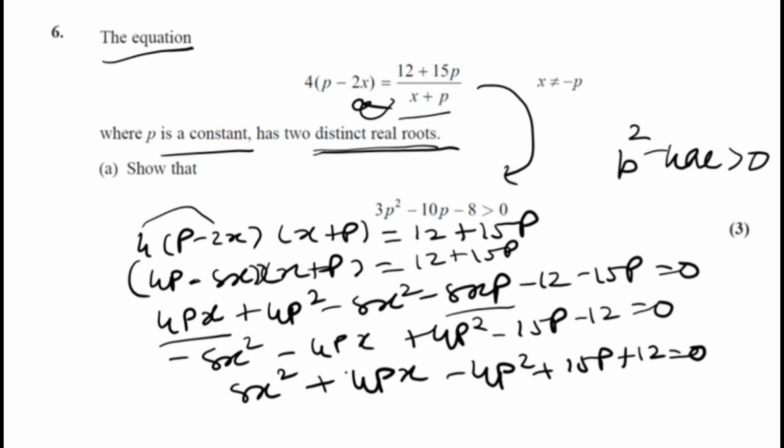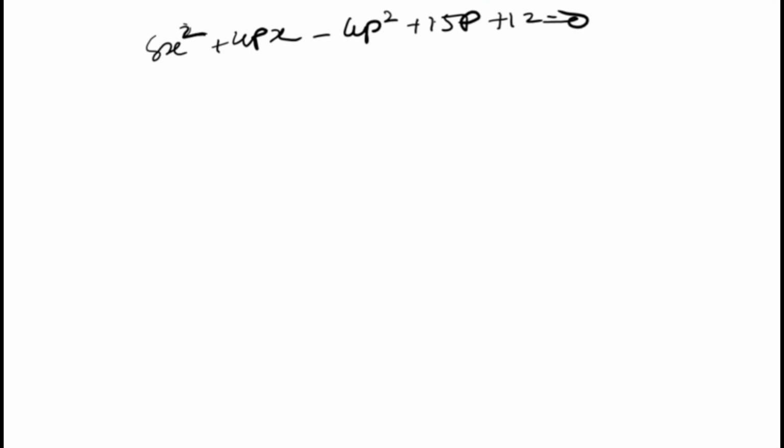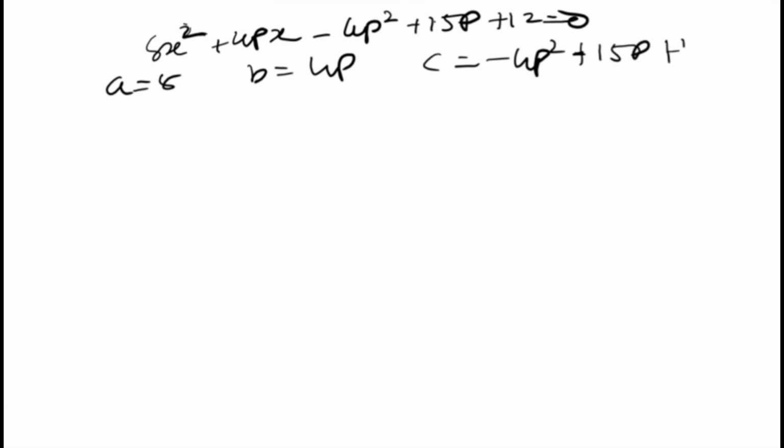So this is our simplified version, but we have to prove this equation has two distinct real roots. So we know b squared minus 4ac is greater than 0. Here we have to find the values: a is 8, b is equal to 4p, and c is equal to minus 4p squared plus 15p plus 12.